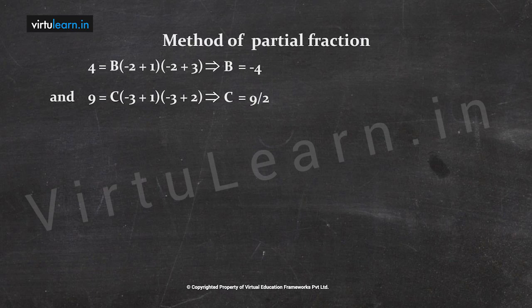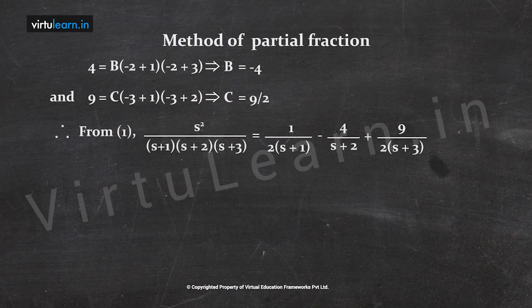A, B, C values I got. S square by s plus 1, s plus 2, s plus 3 equals 1 by 2 into s plus 1, minus 4 by s plus 2, plus 9 by 2 into s plus 3. Now apply the inverse Laplace transform.